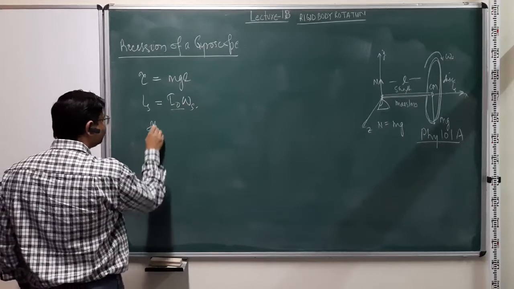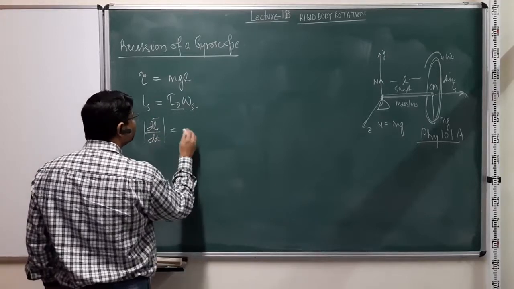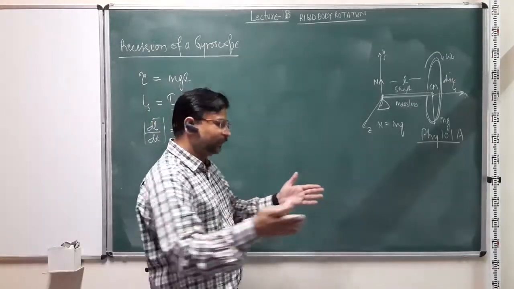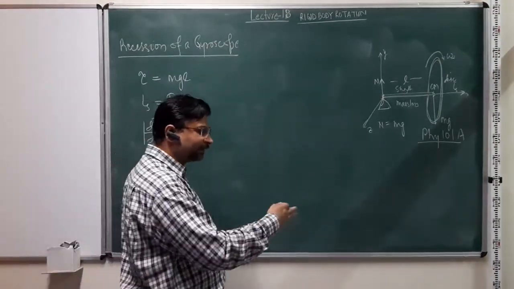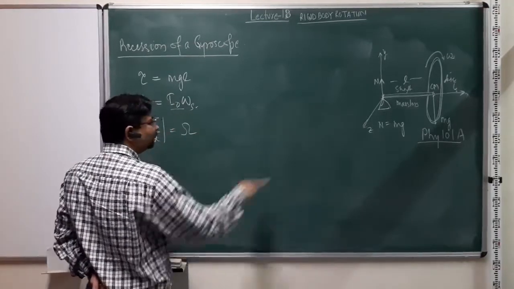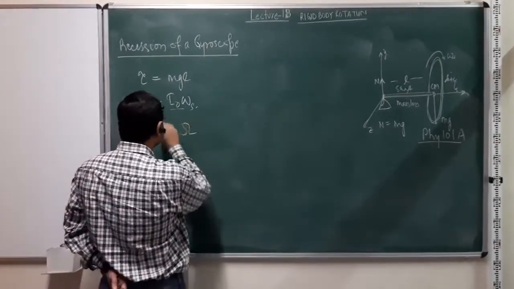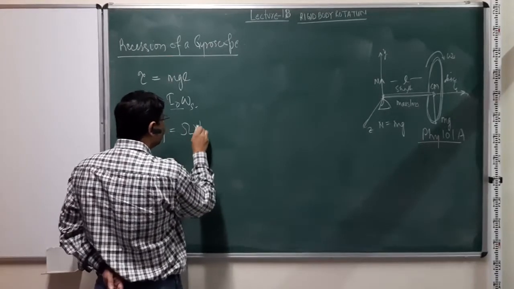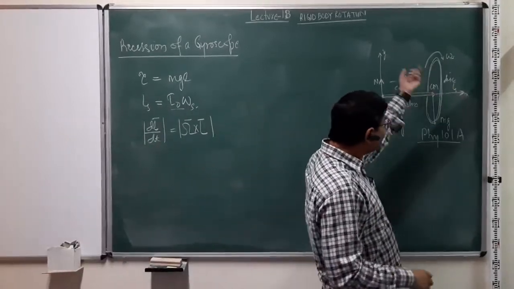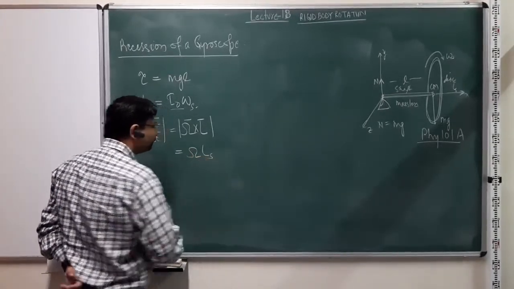So we can now apply that the magnitude of dL over dt is equal to omega cross L, where omega is the angular speed which it gets in the horizontal plane, named omega just to differentiate it from the spin angular speed of the disc. Omega has a direction perpendicular to Ls, so the magnitude is simply omega Ls.